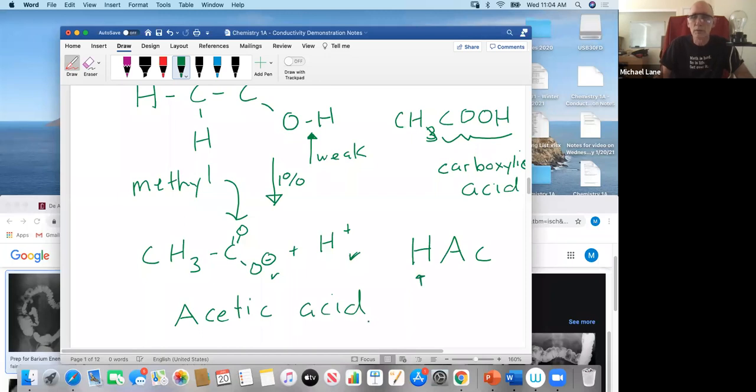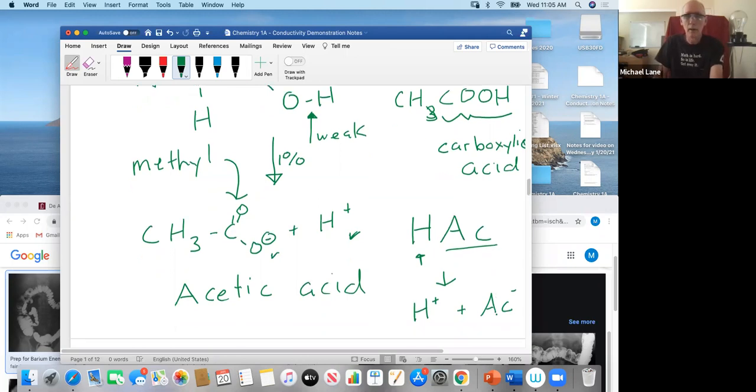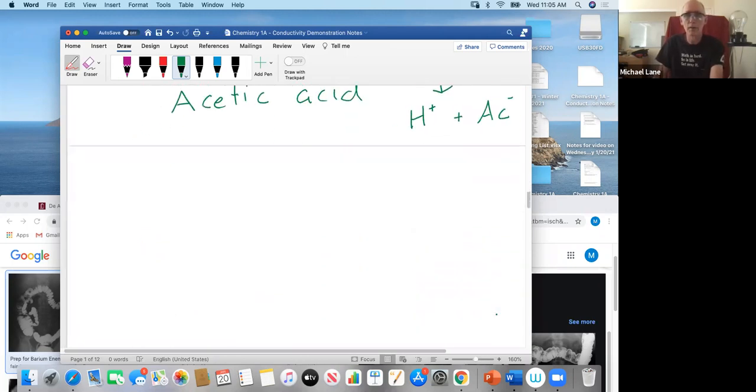We're very accustomed to recognizing hydrogen as the acid, and what's left is the acetate. So this is how I write acetic acid, and when it dissociates, I write it as H plus Ac minus.